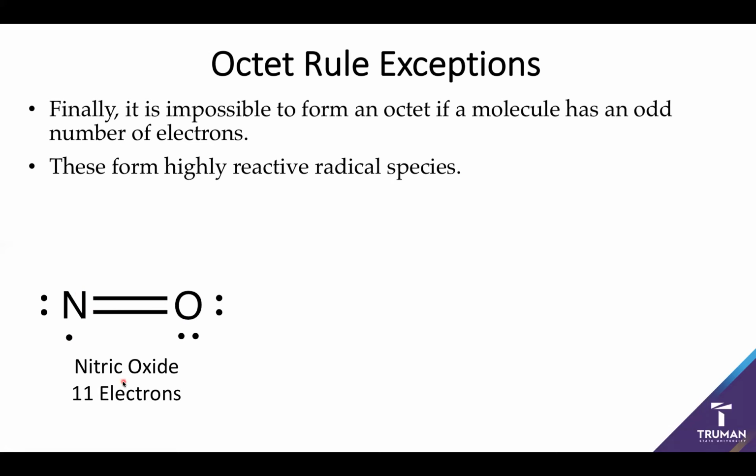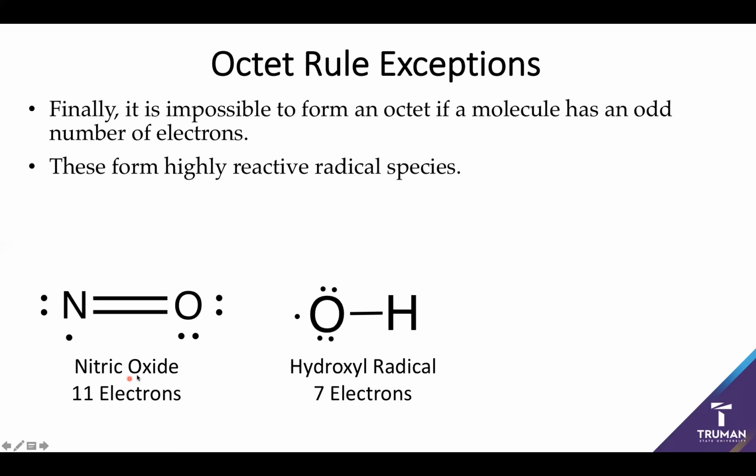However, that said, nitric oxide is known for being fairly reactive, as well as other species like the hydroxy radical, where oxygen and hydrogen have 7 electrons, and hydrogen needs to have at least 1 electron to make a bond, so oxygen loses out.